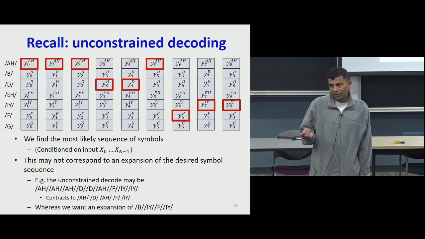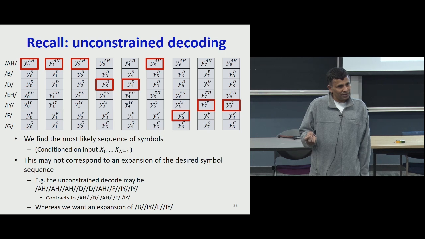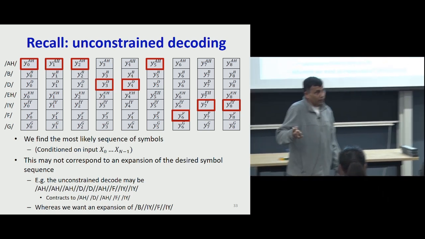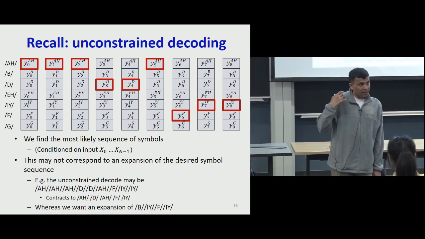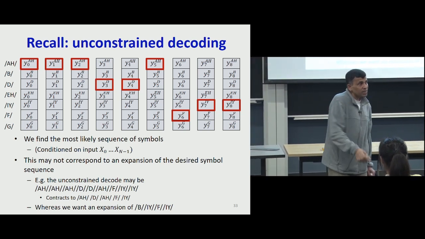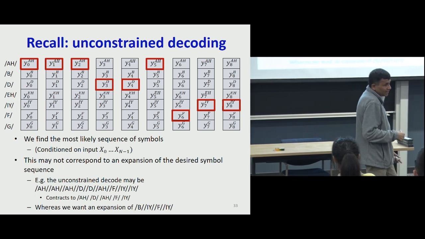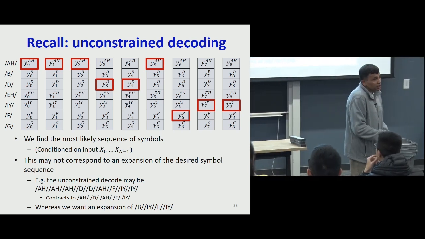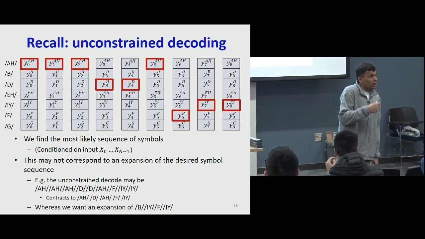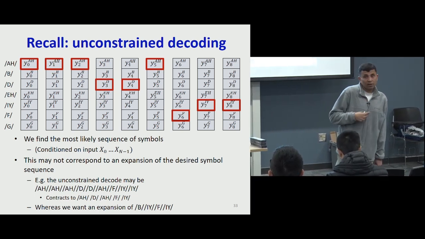Why not? It's obvious, it's staring you in the face, right? It's on the slide. The target output over here is, if I were looking for the word beefy, is this really the word beefy? No. Because when you just pick the most likely symbol at any time, you could be picking pretty much any symbol. You're not constrained to be picking only the symbols that you really have in your output sequence.